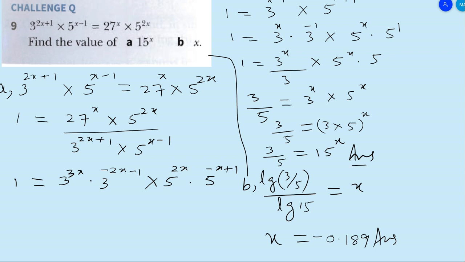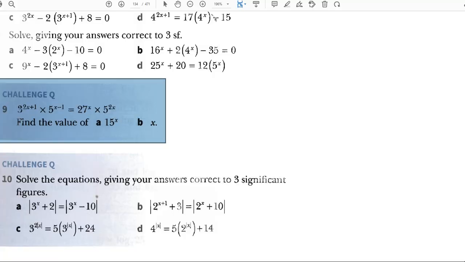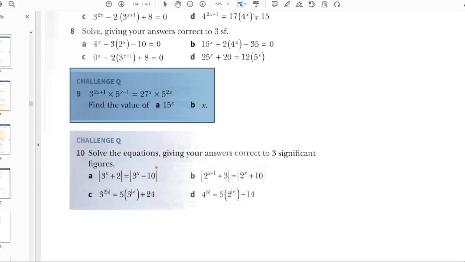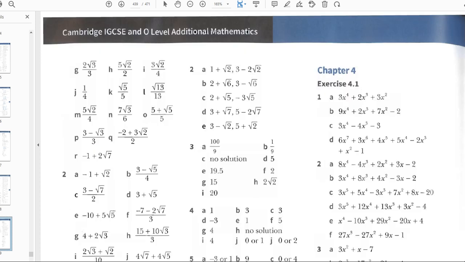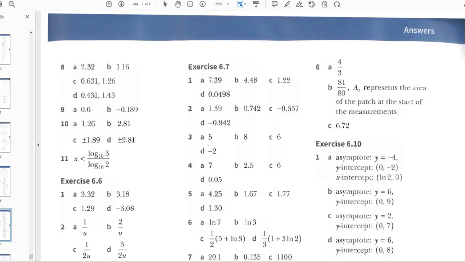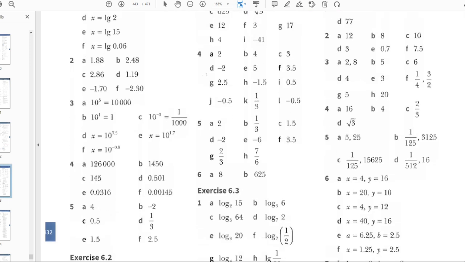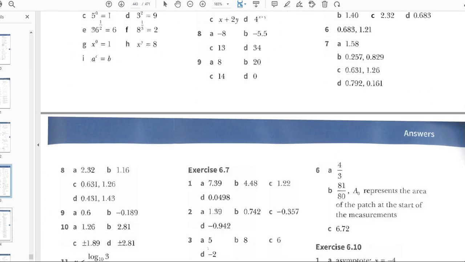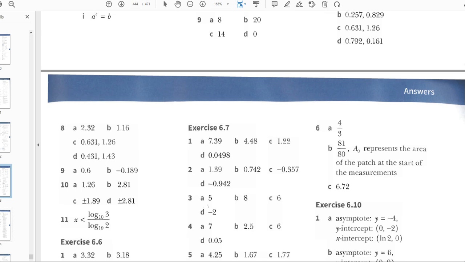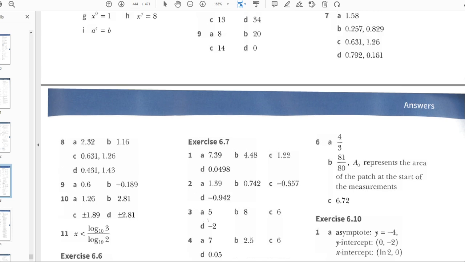Now I will check both answers in the book. So the first answer is 0.6.